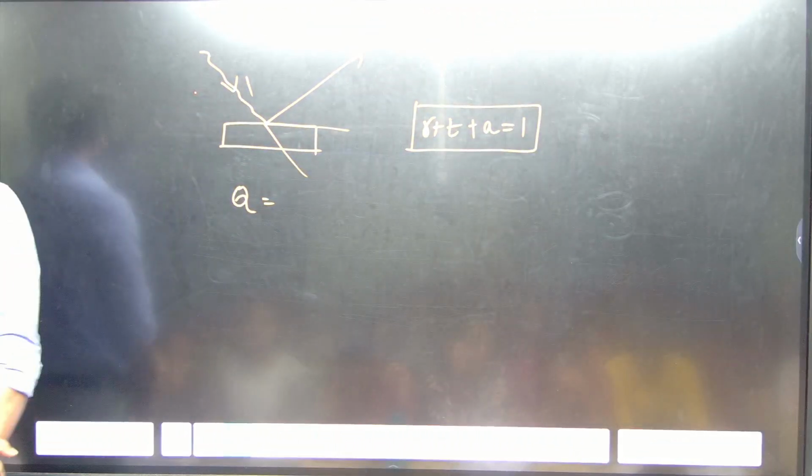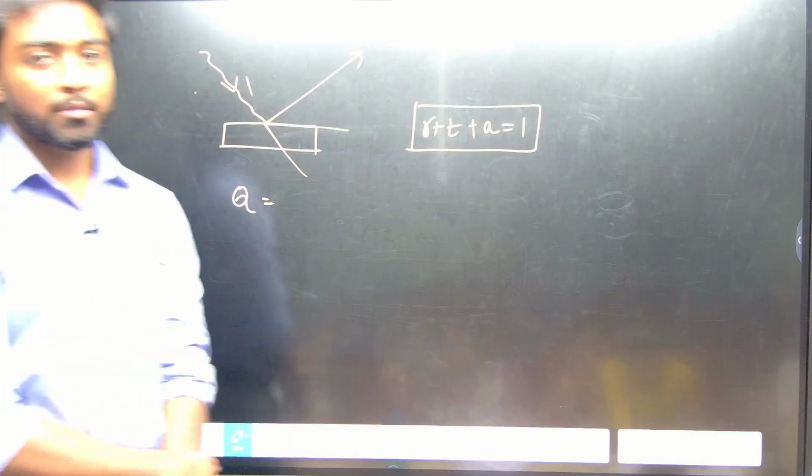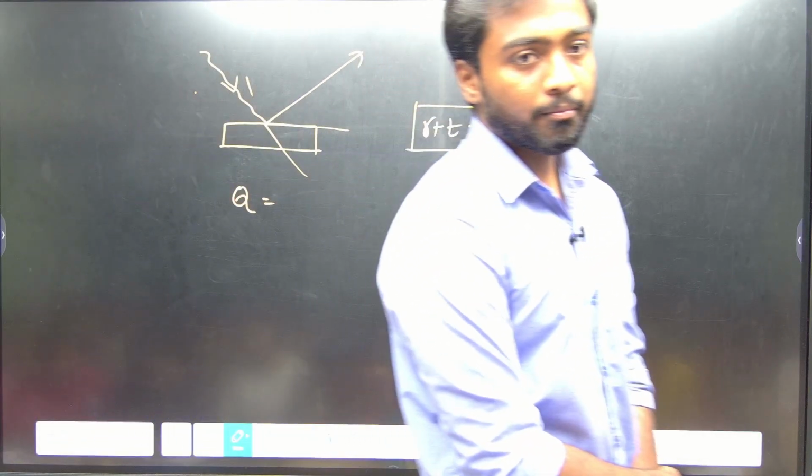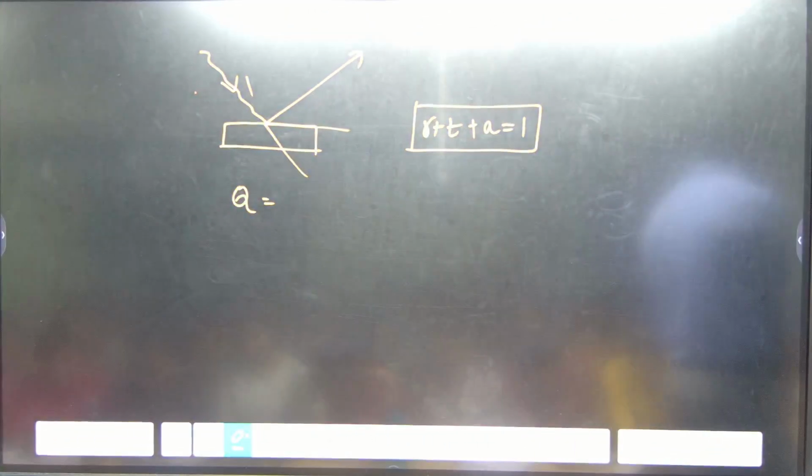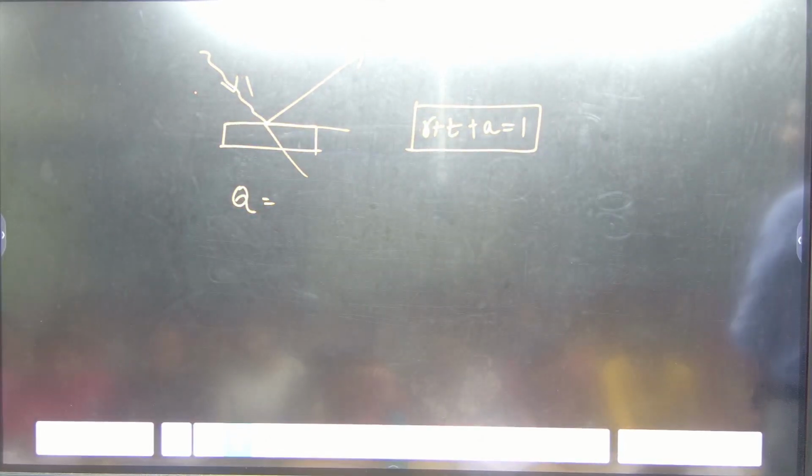Next point: if A is equal to 1, it's a perfect absorber. If an object is a perfect absorber, A is equal to 1, then T and R will be equal to 0.